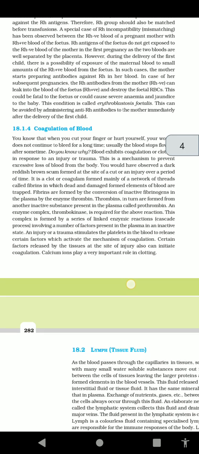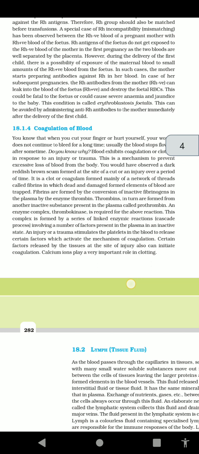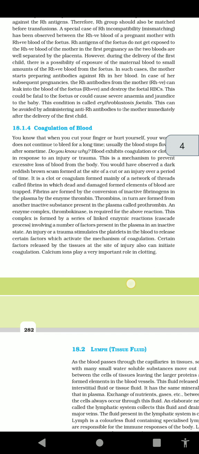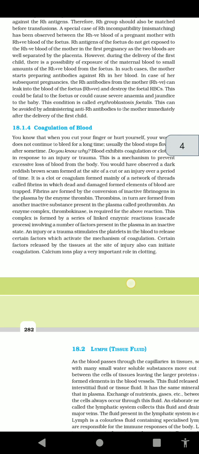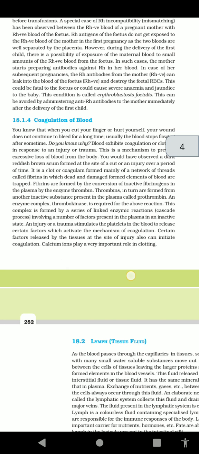A special case of Rh incompatibility, mismatching, has been observed between the Rh negative blood of a pregnant mother and the Rh positive blood of the fetus. Rh antigens of the fetus do not get exposed to the Rh negative blood of the mother in the first pregnancy, as the bloods are well separated by the placenta.